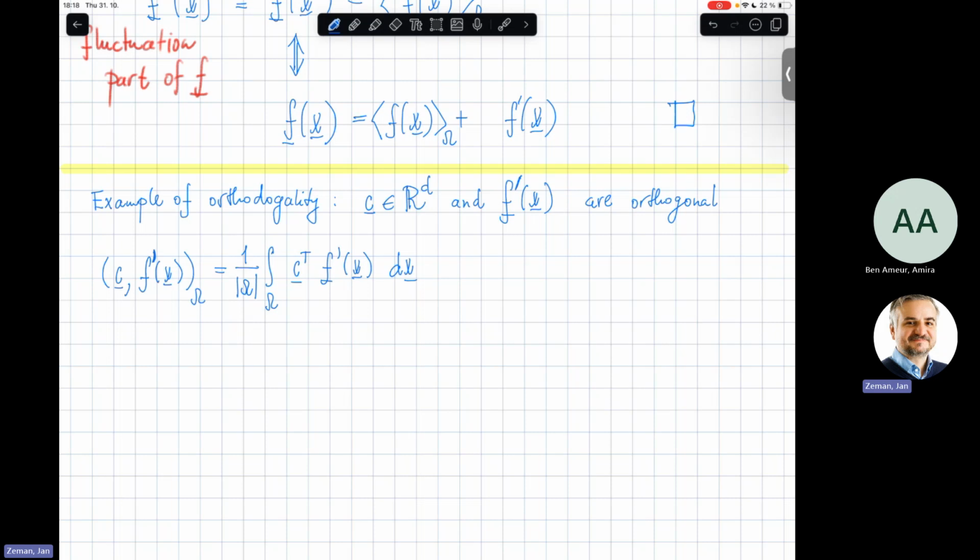And now I will start the standard massaging of these relations, because I will say that this is x independent, hence I can transport it out of the integral. So what I will eventually get is 1 over omega times c transpose, and what remains inside is this fluctuating part, dx.